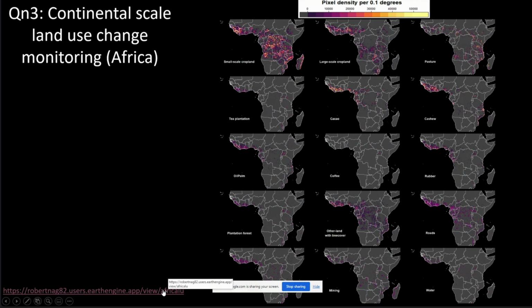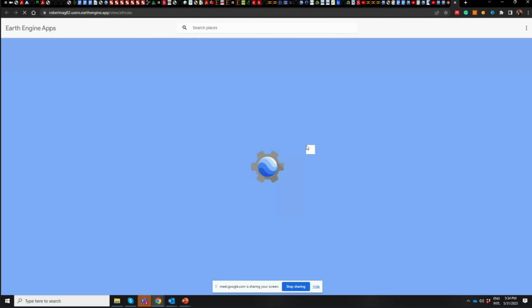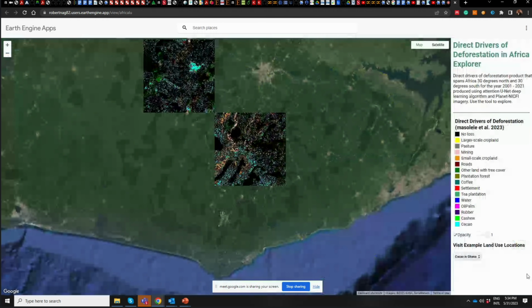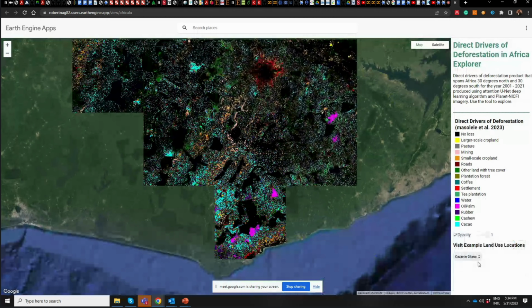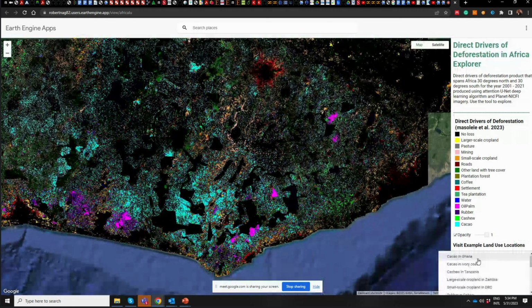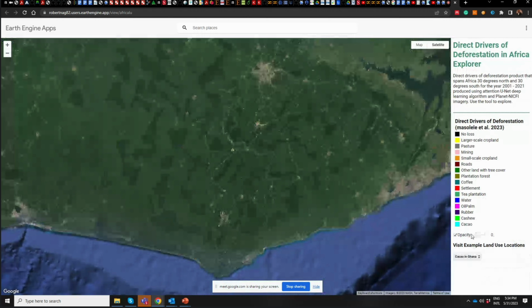And I just wanted to show you a bit. Here I have an app with the results, a kind of visual analysis. So these are the results we obtained from the prediction. By zooming in to different locations, for example this is in Ghana, where in dark you have forests.